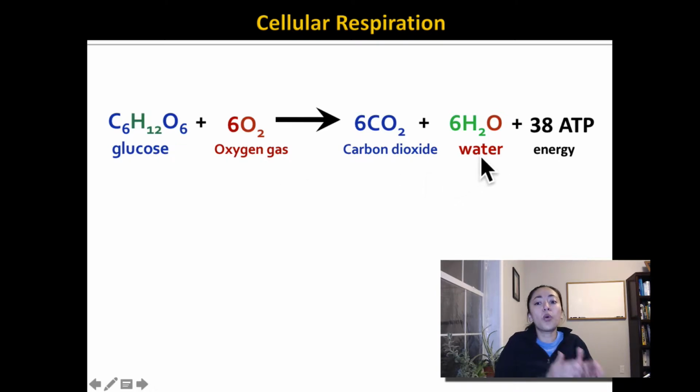This means that the 12 hydrogen atoms that make up the 6 water molecules produced during cellular respiration had to have come from glucose. What actually happens is that these hydrogens were removed from glucose, and then they were added to the oxygen atoms from the oxygen gas we breathe in. Therefore, this means that the oxygen gas that we breathe in turns into water in our bodies.